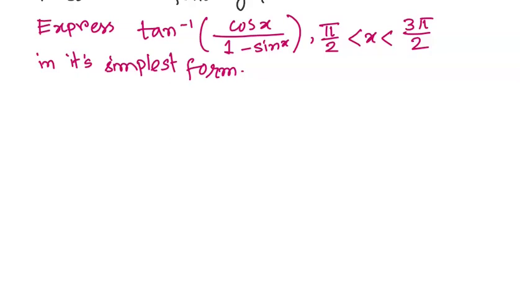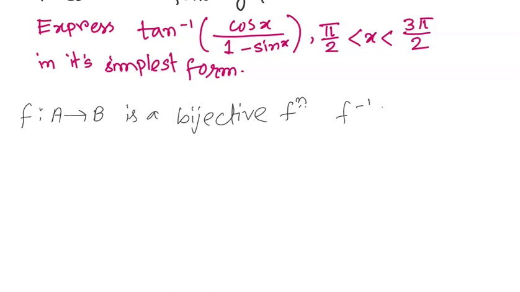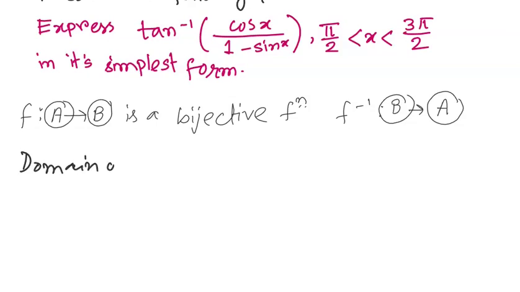Because we know that if f from A to B is a bijective function, then f inverse exists and f inverse is defined from B to A. That is, the domain of f is the range of f inverse and the range of f is the domain of f inverse.